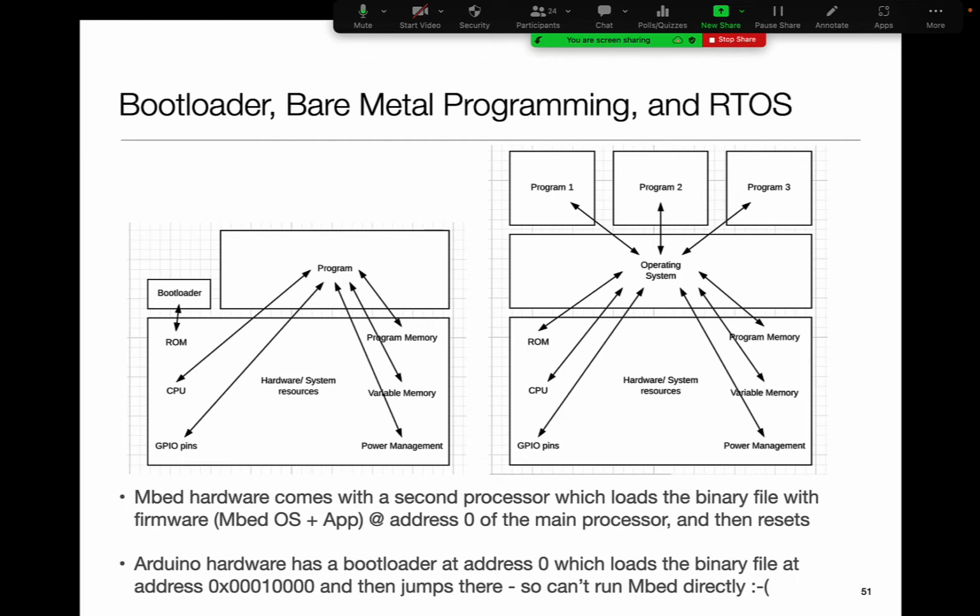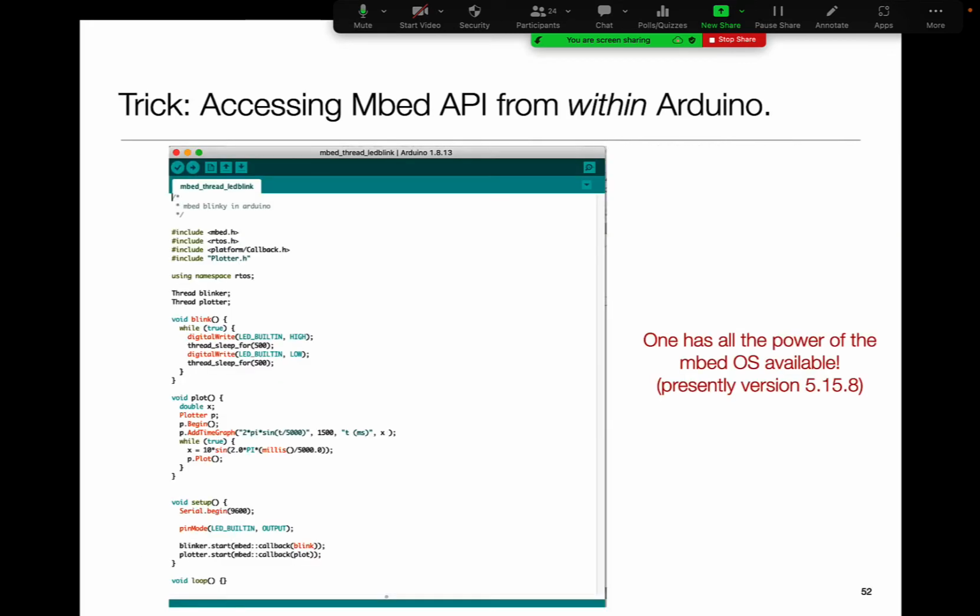Anytime a file is put there, it loads it into the main processor, where Embed OS is running, starting at address 0. Arduino, on the other hand, has its own bootloader already at address 0, and it doesn't have the second processor. Because the boot process differs between the normal Embed platform and the way Arduino hardware has traditionally worked, we can't really run Embed directly.